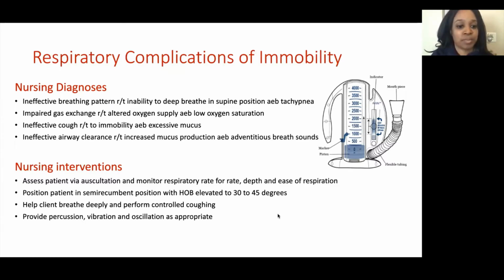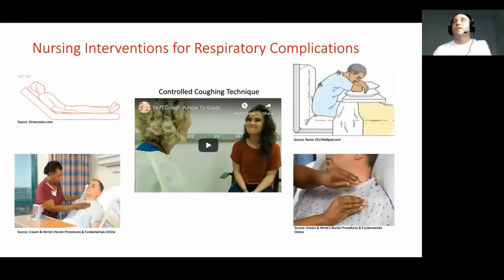Richard is going to speak more about the nursing interventions. Some of these interventions that we can do, primarily first, is we want to assess the patient for their ability to breathe. So this could be auscultation and so forth. Basically you want to do this every 1 to 4 hours, and what we're listening for is crackles, wheezes, diminished breath sounds.